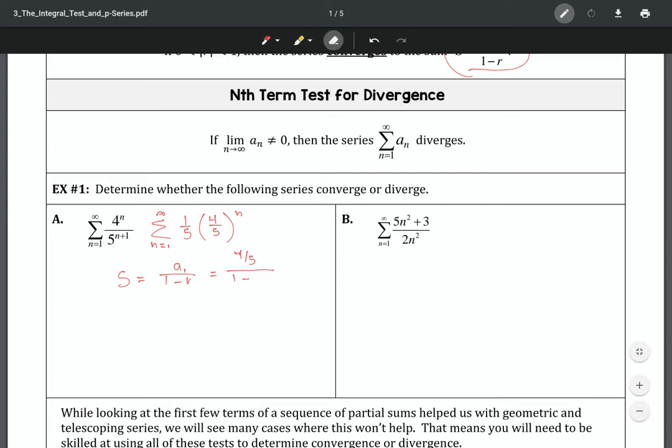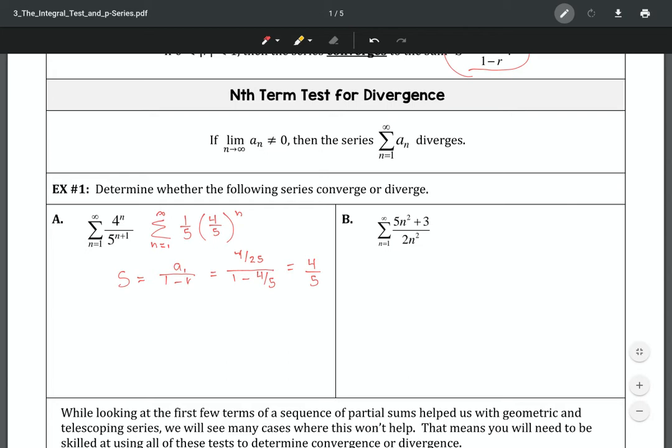This should be 4/25. So if I plug in 1 for n, then I should end up with 1/5 times 4/5, which is 4/25. And then this one right here is going to be 4/5. Now, when you do all the math for it, you're going to get that the infinite sum is going to be equal to 4/5.